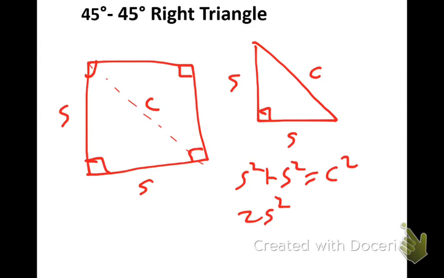So 2S squared equals C squared. So C equals the square root of 2 times S. So the hypotenuse is radical 2 times longer than the side in a 45-45 right triangle.